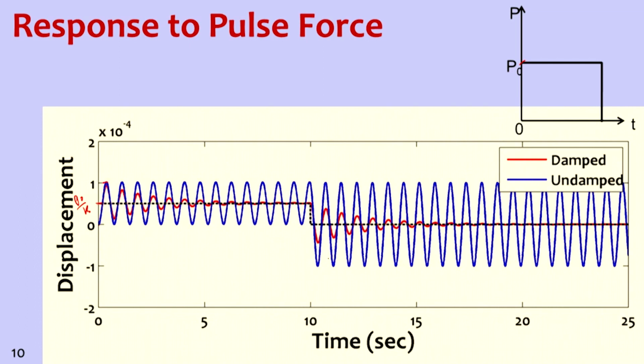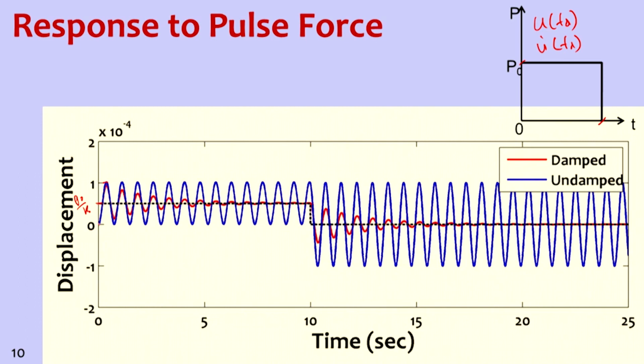Let's look at the blue line first, and at this point the force is suddenly removed. Whatever the displacement u at Td and the velocity u dot at Td are, they become the initial conditions for free vibration starting from this point.